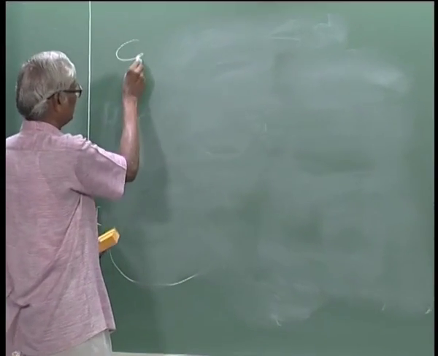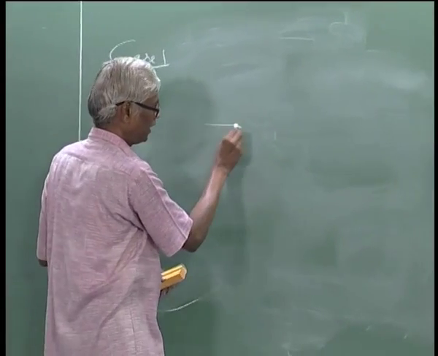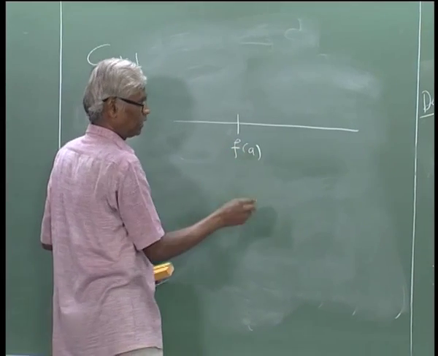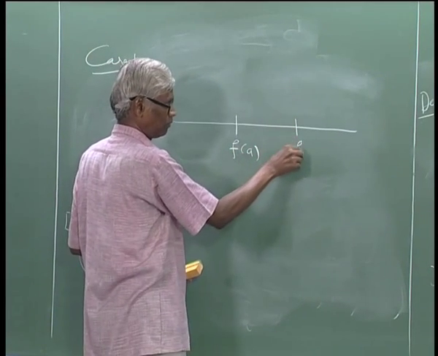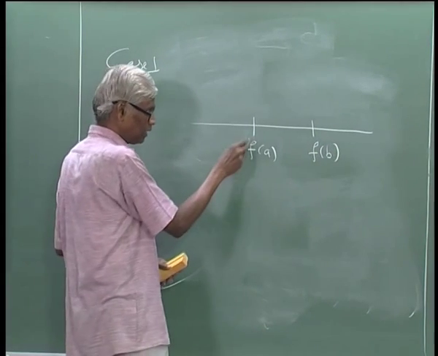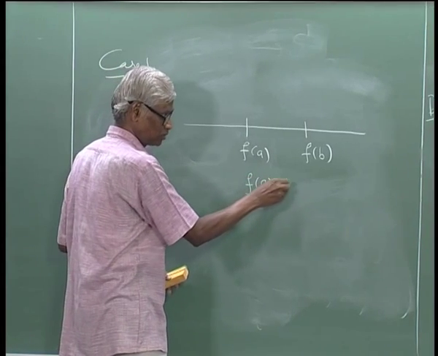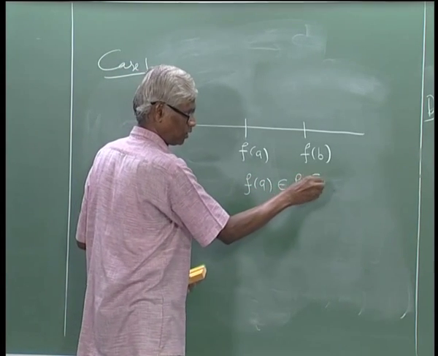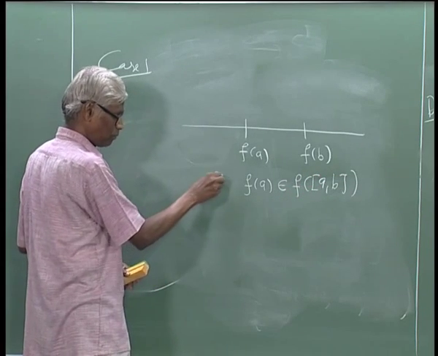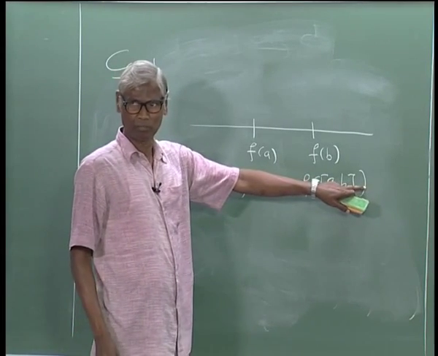Case 1 is f of a strictly less than f of b. Now, f of a is already in the range, belonging to f of the closed interval [a, b], and f of b is also in it.